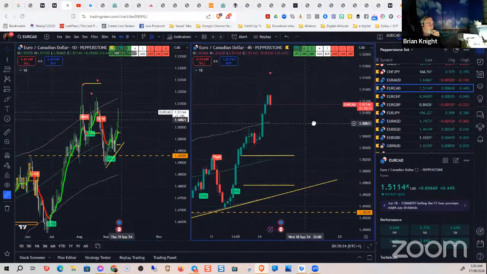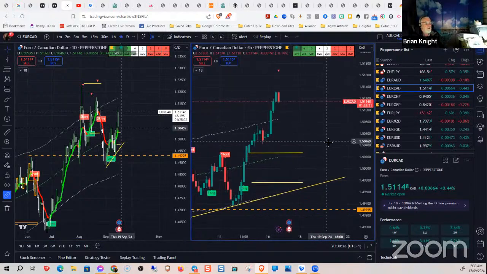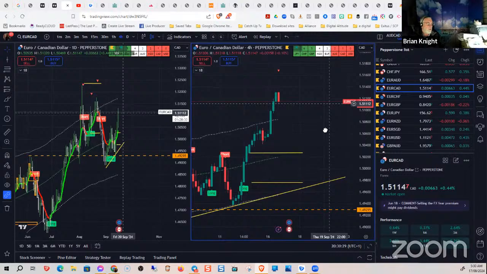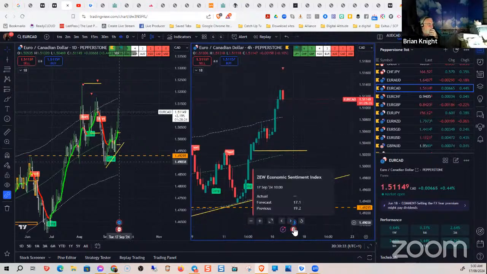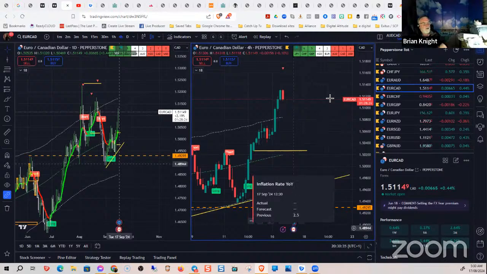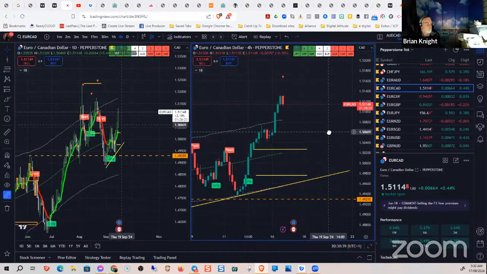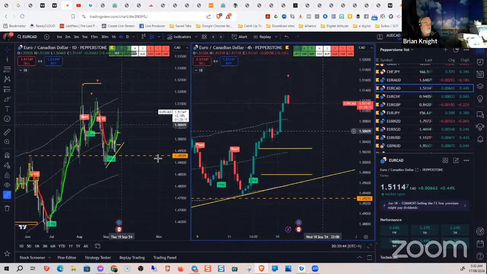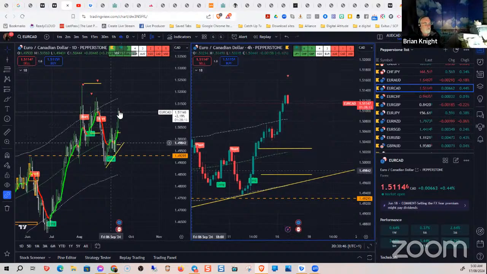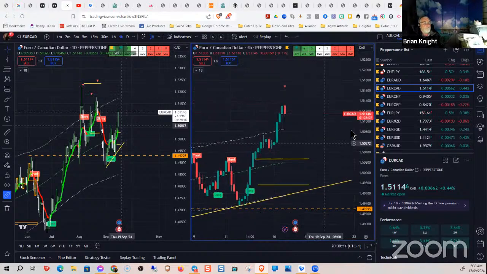I reckon we're going to have a short out of that and push back down again. And the euro news is not much, I don't think. Yeah, it's only sentiment. Okay. I think it'll probably, I mean, you look at how hard that's pushed up on the daily, more likely to pull back a bit before it does push back up.